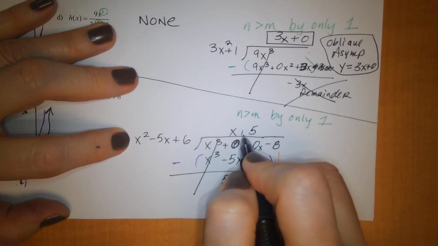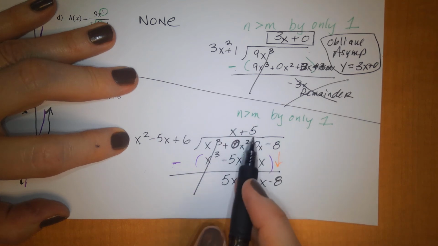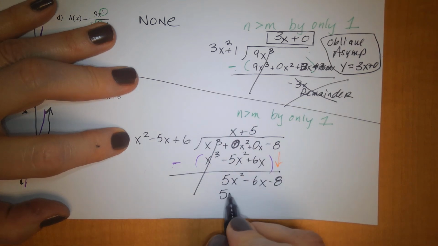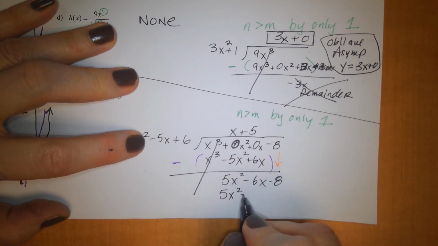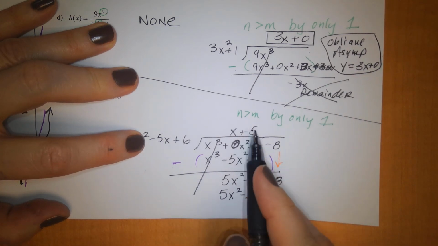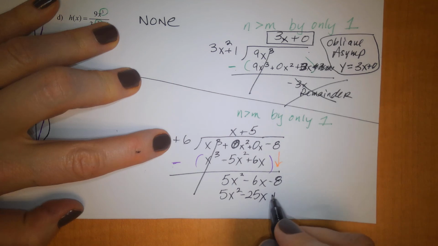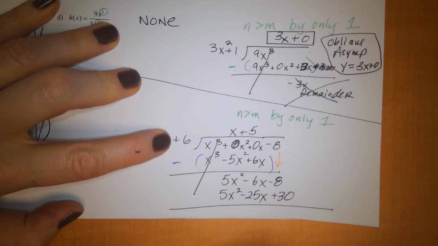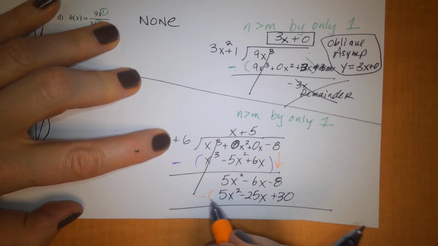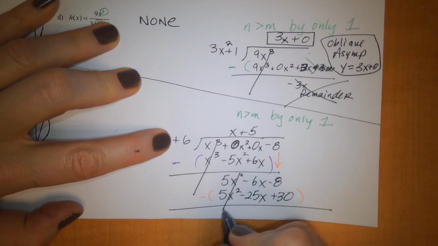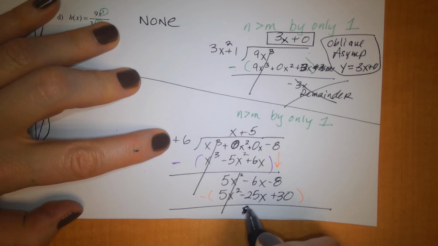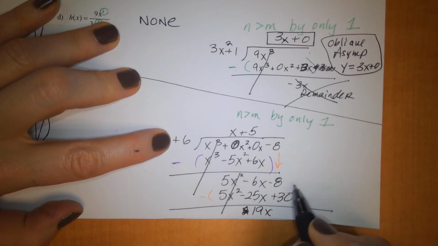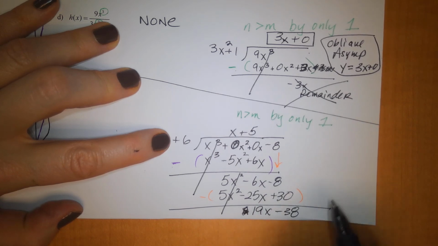Clearly we need a 5. 5 times x squared is 5x squared. 5 times -5x is -25x. 5 times 6 is 30. So you're going to see when I subtract this whole quantity, the first terms will cancel out. That is the goal. And yes, I'm going to have a remainder of 19x minus 38.